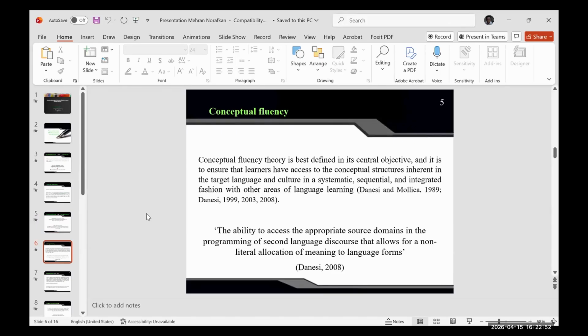Accordingly, the definition for conceptual fluency can be the ability to access the appropriate source domain, and the programming of second language discourse that allows for a non-literal allocation of meaning to language forms.